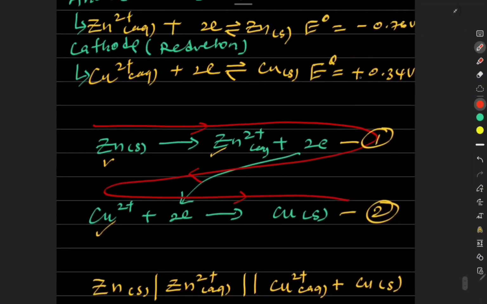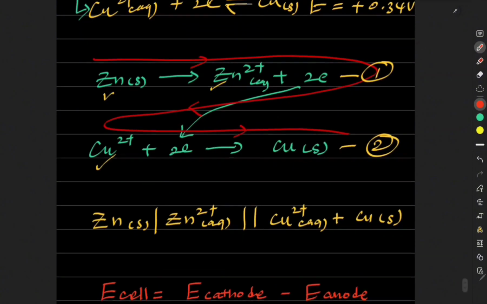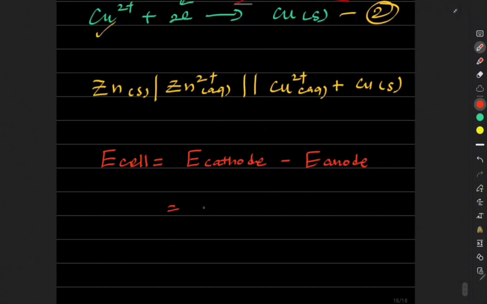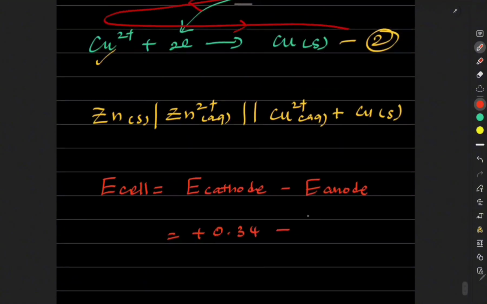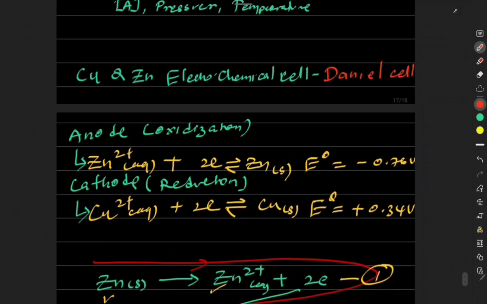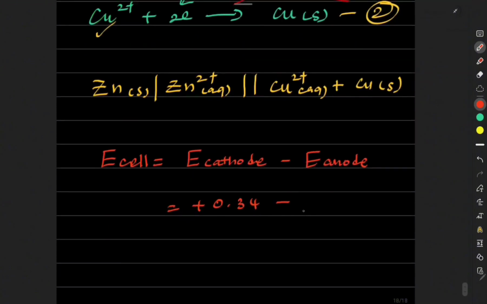Here we know the cathode has plus 0.34 volt, minus the anode, which has minus 0.76 volt, and this will be plus 0.34 plus 0.76.